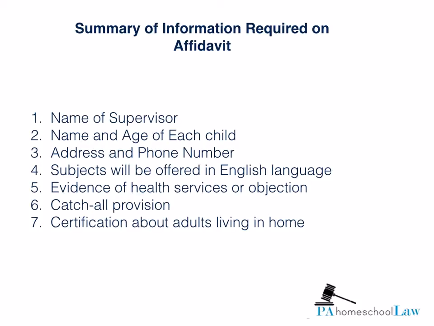Number 5, evidence of health services or an objection. Number 6, my favorite catch-all provision. And finally, number 7, a certification that no adult living in the home has been convicted of one of the crimes listed in Section 111 of the PA School Code within the past 5 years.